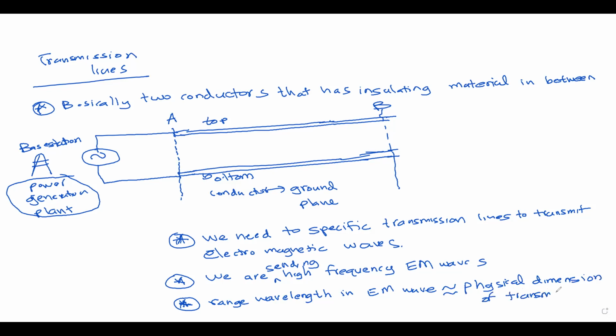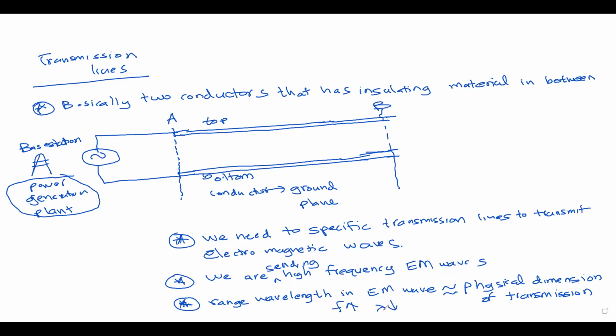What I mean is that if we are sending a high frequency signal, then the wavelength of that signal is very low. If the frequency is high, the wavelength is low.